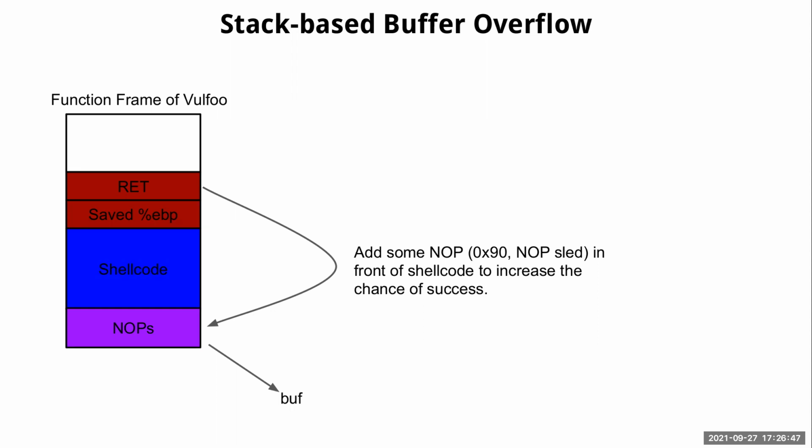This is called a NOP sled, set in the front of the shellcode. The shellcode is what exactly gives you the shell. The NOP sled is just instructions that don't do anything. For example, there is a 1 byte NOP instruction, 90. This is machine code.